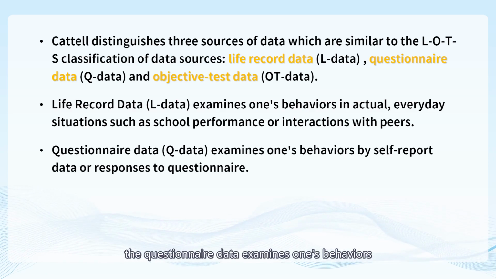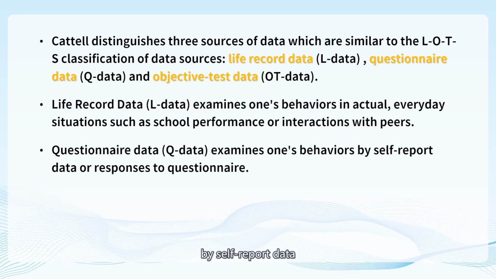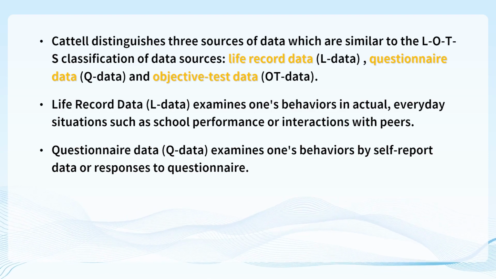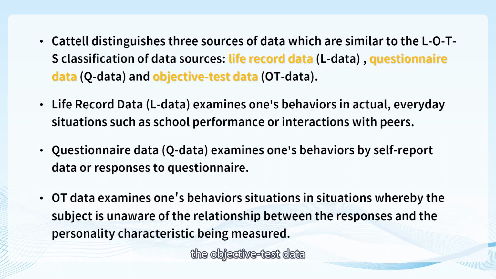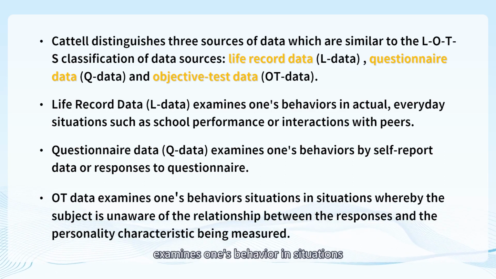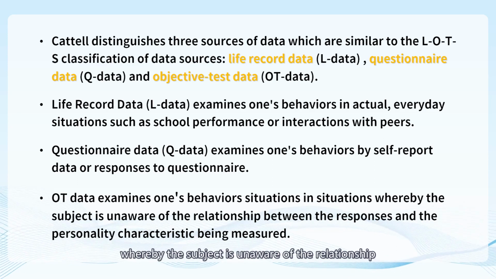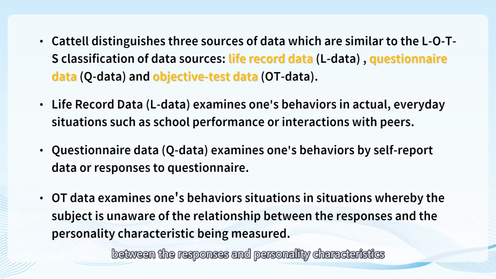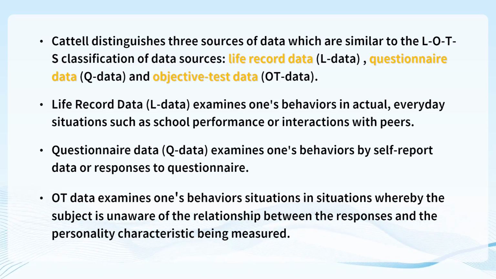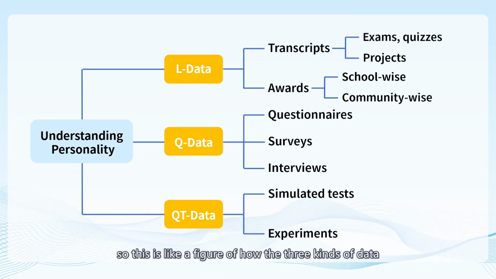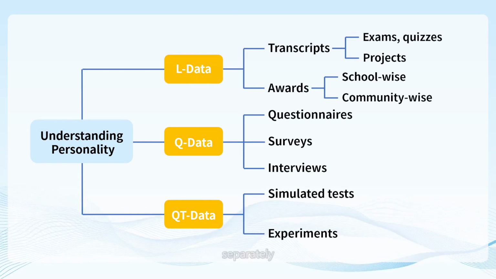The questionnaire data examines one's behaviors by self-report or responses to different questionnaires. The objective test data examines one's behavior in situations whereby the subject is unaware of the relationship between the responses and the personality characteristic or trait being measured. So this is like a figure of how the three kinds of data are presented separately.